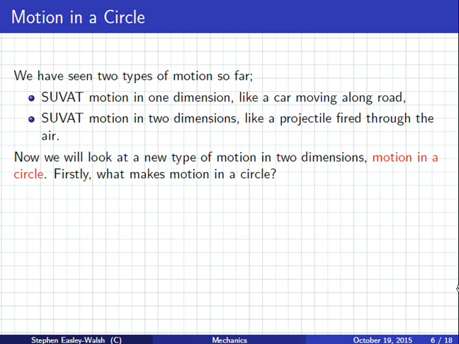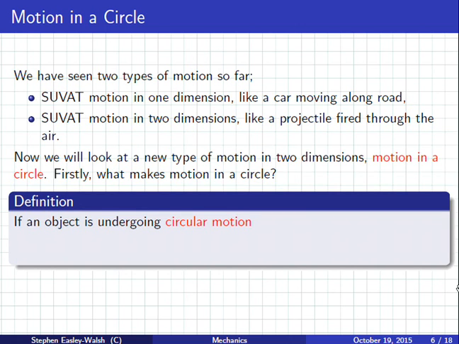For example, we have seen this type of motion, like a car, horizontal. Now what we're going to look at is this type of motion, which can be vertical or horizontal. It can happen on the ground or up like this.